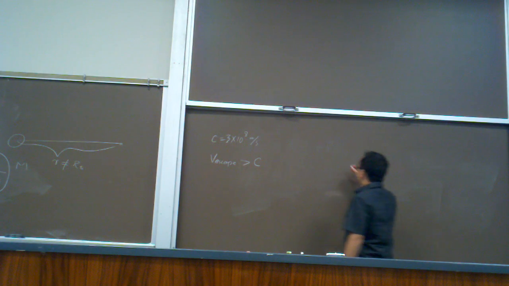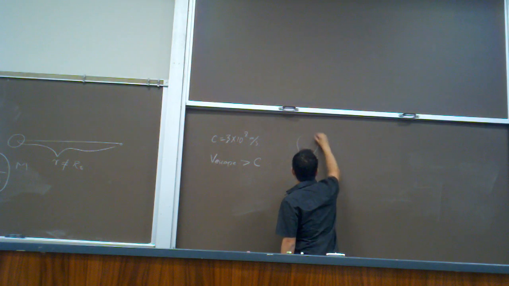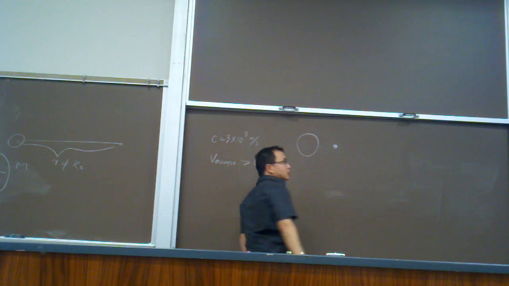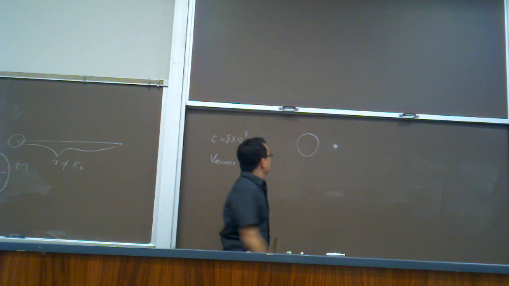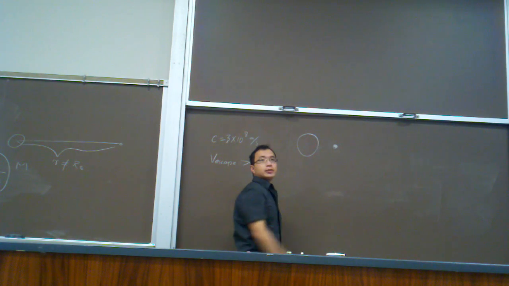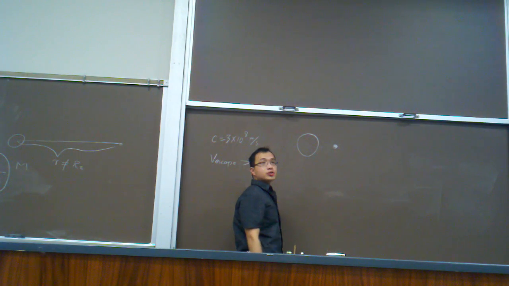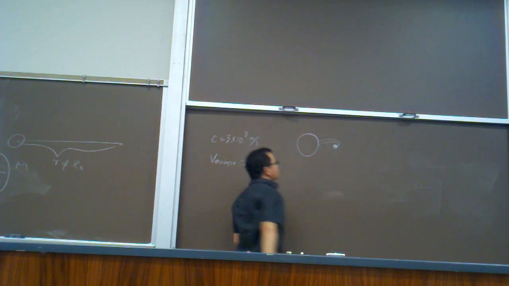If a black hole is in a double star system, so if there is a big star and there is a black hole here, because the black hole has a huge gravitational force, it may attract the gas from the accompanying star. So the gas will pour into the black hole.